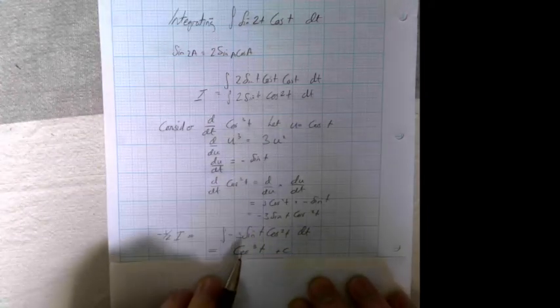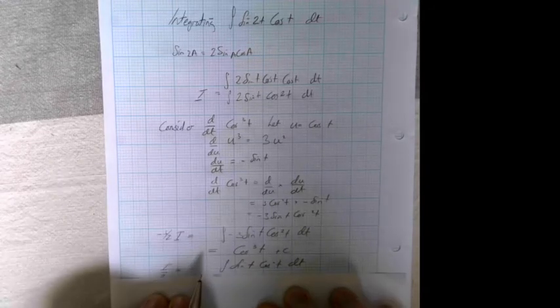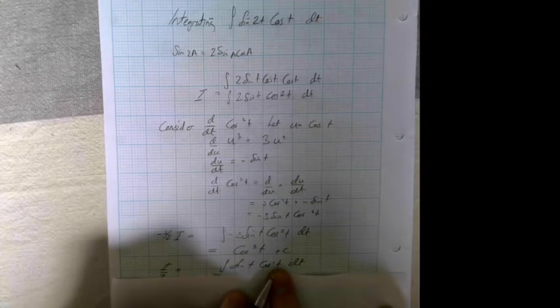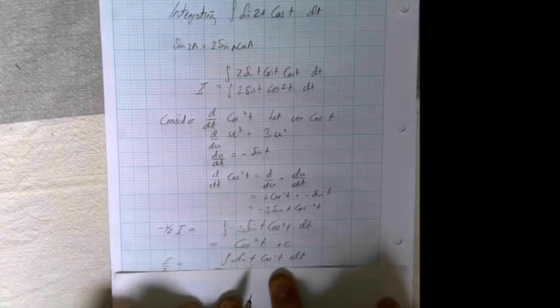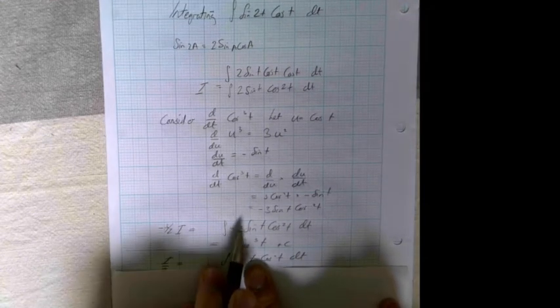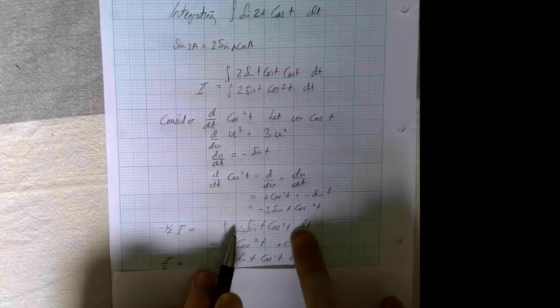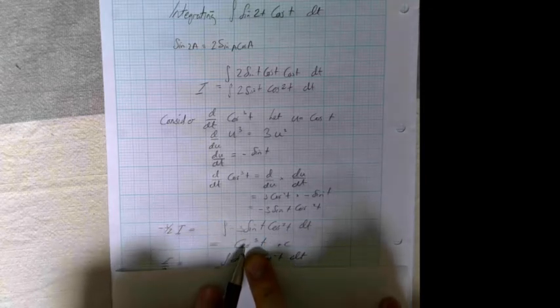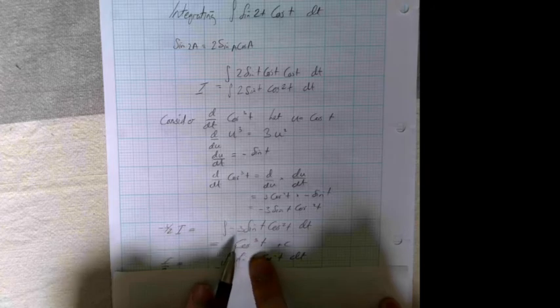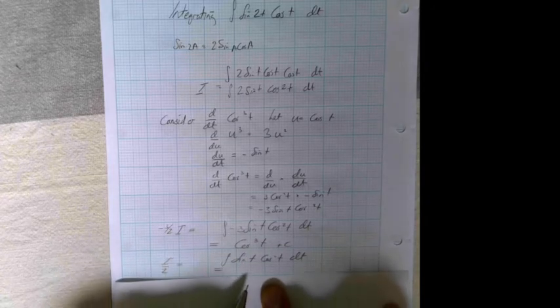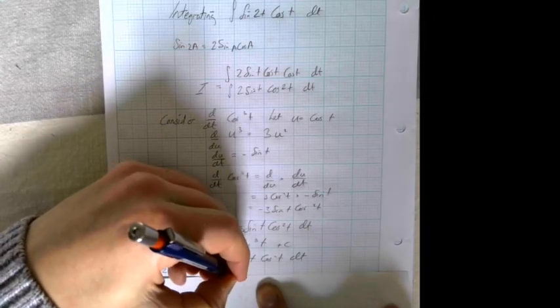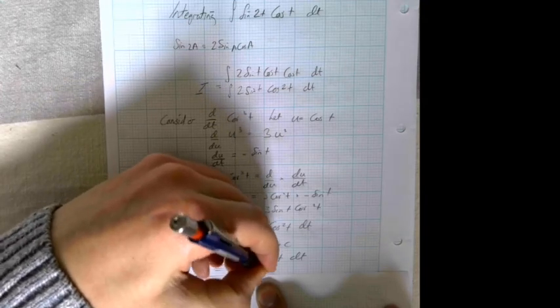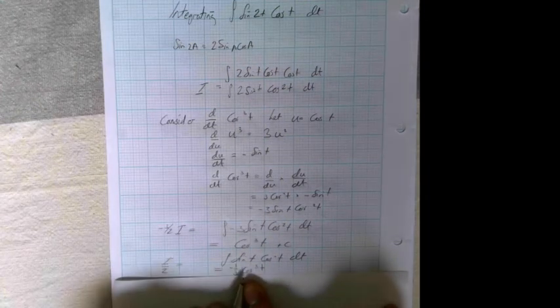Right, so that means if I was going to integrate sine t cos squared t, what would I get? Well, the only difference between this problem and this problem is that this had negative 3 in front of it. So I must get the same answer, but divided by negative 3, so I'd get negative a third cos cubed t, wouldn't I, if I integrated that?